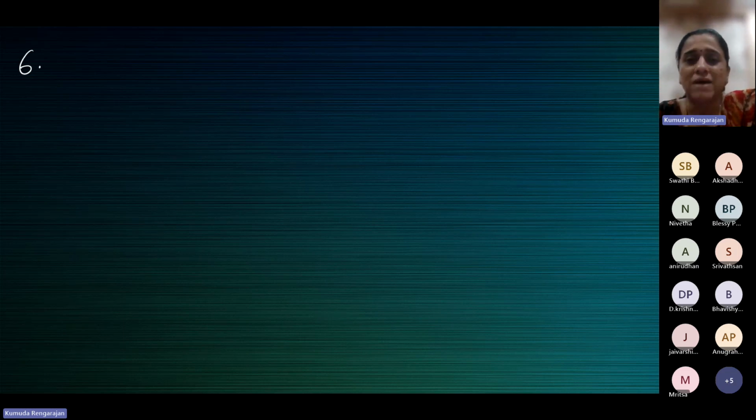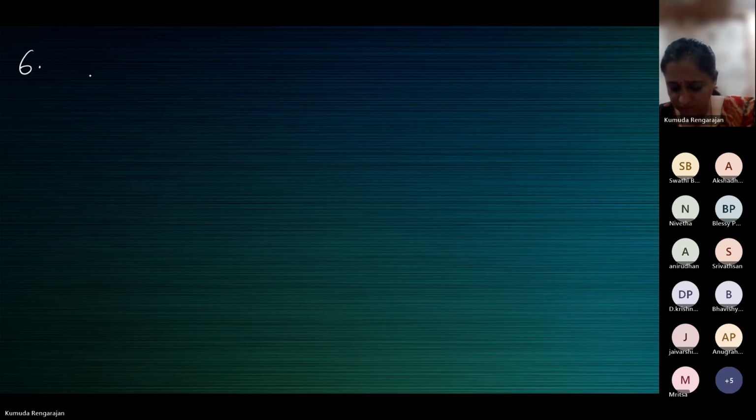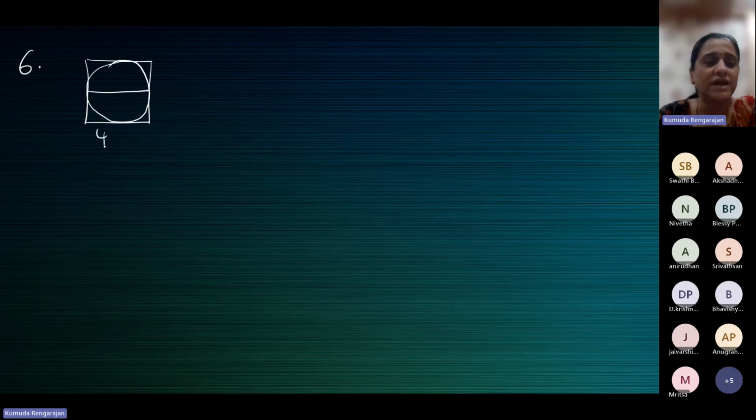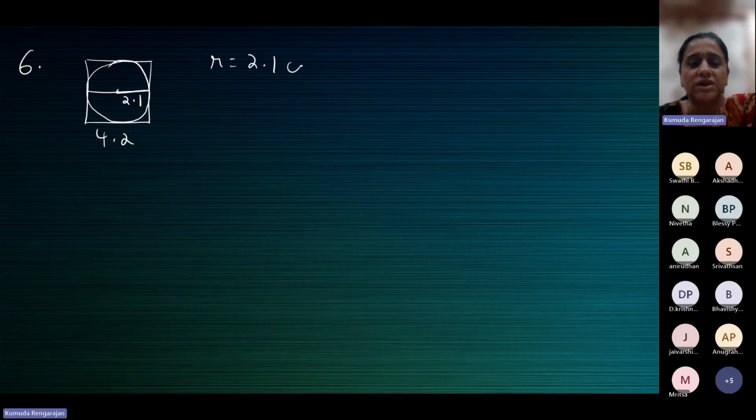What's the edge of the cube? 4.2. So the maximum diameter is 4.2, and the maximum radius possible is 2.1. So this will be the radius of the cone, 2.1 centimeter.